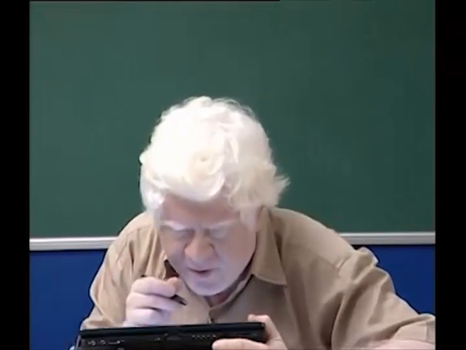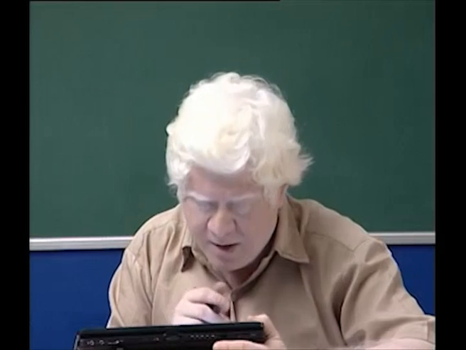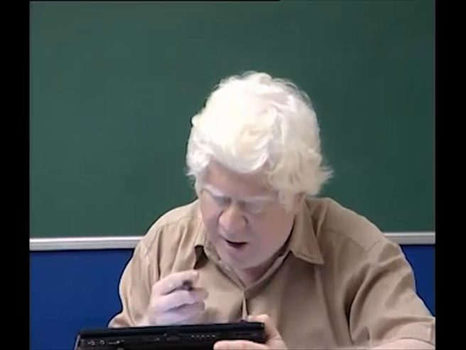Now, we know if we look at the first term that it will be of the form e to the minus 4t cos 5t. It is either this multiplied by u of minus t, in which case it would be a leftward signal, or it would be this expression. Let me write both of them.